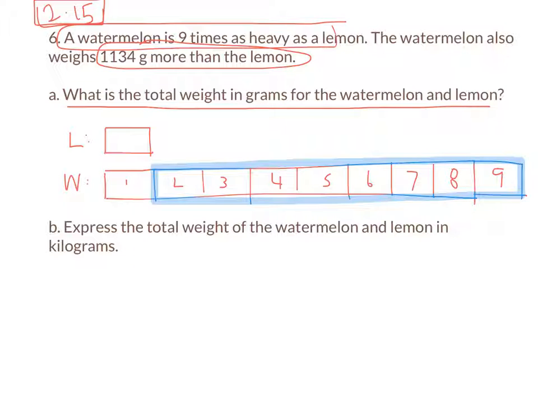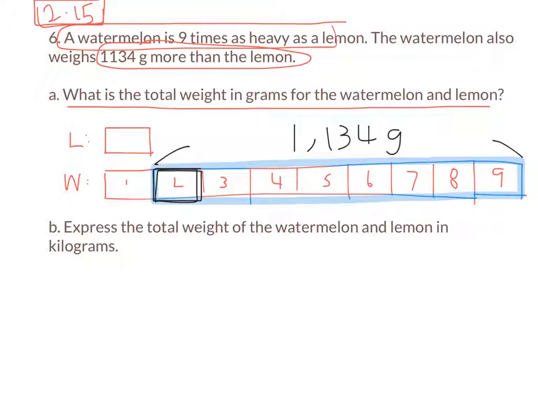And how much more does the watermelon weigh compared to the lemon? 1,134 grams. Okay? So how many of those sections are there that are more than the lemon? Are there 9 or are there 8? 8. So if I want to find out how big each one of these sections is, I could take 1,134 and divide it by 8.